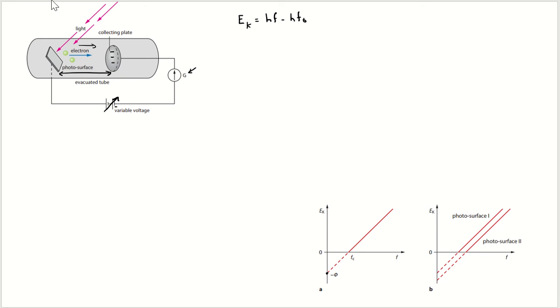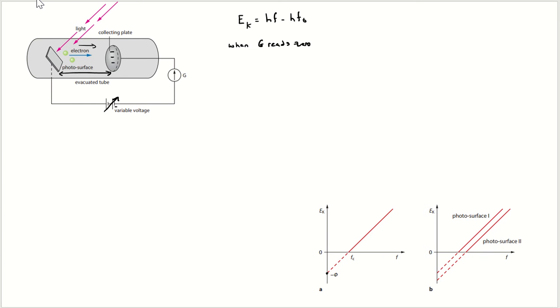So in order to know the kinetic energy of this electron, all I have to do is to increase the voltage of the collecting plate until it reaches a value where no more electrons are reaching this plate, so when G reads 0.